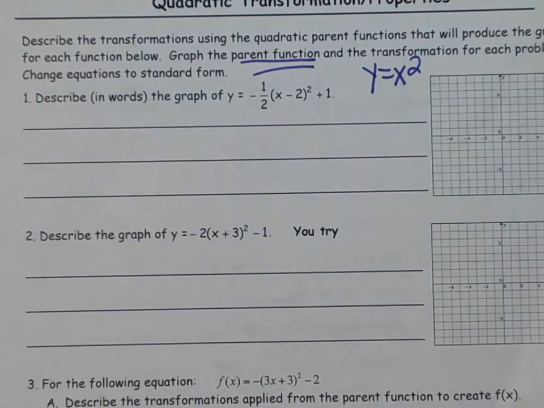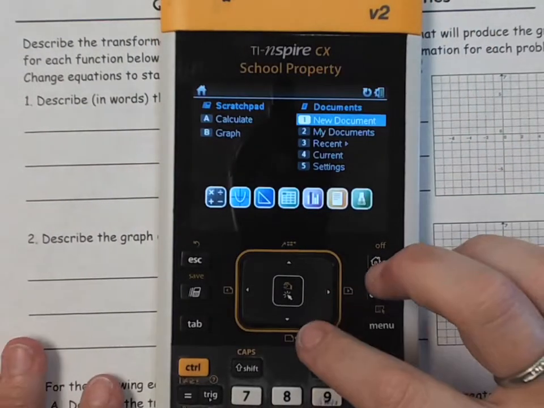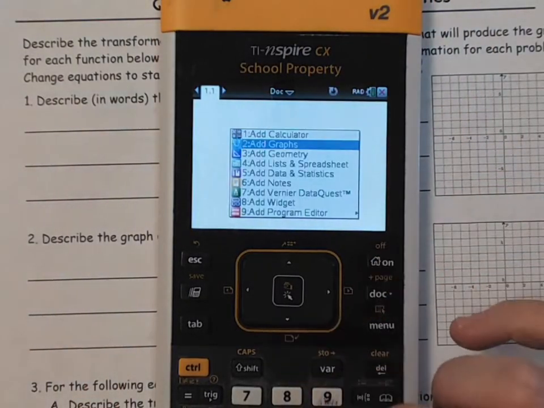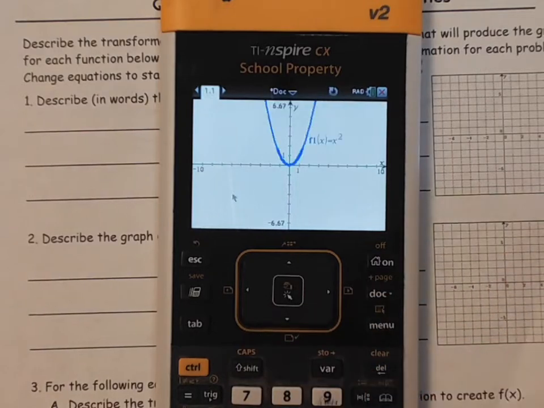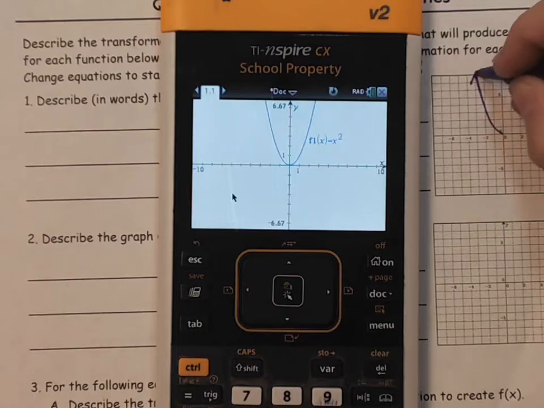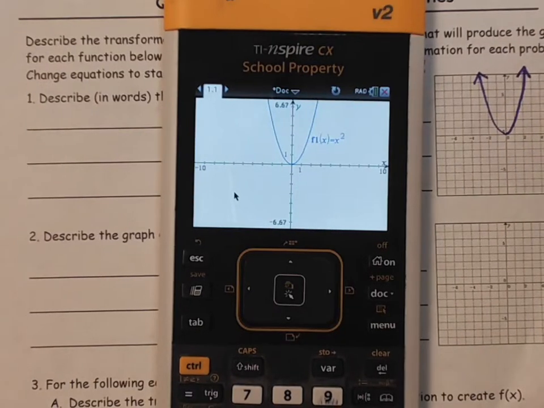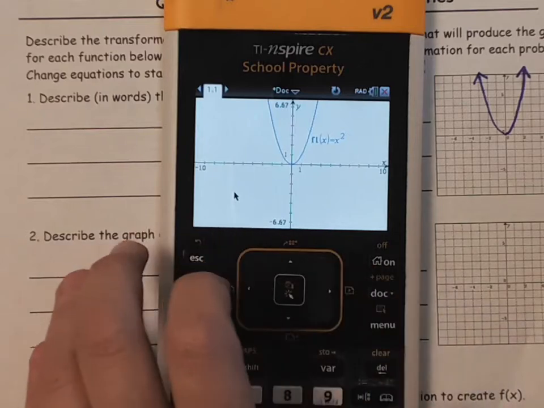In your calculator, go to graph, because you want to see the picture, and do x squared. See how it draws it for you. I'm going to draw it here so you have an idea. And it goes on forever.